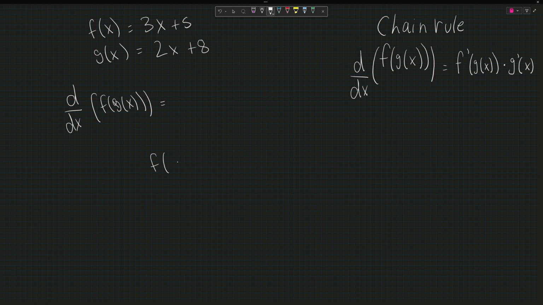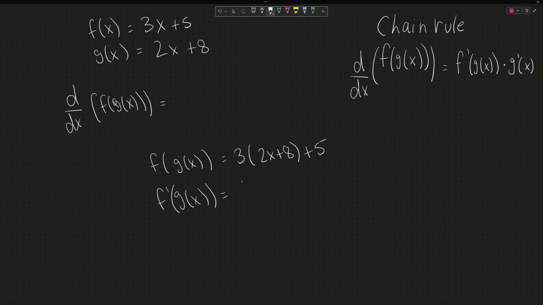F of g of x is 3 times 2x plus 8 incorporated plus 5. Okay, now f prime of g of x would just be, I need parentheses here. Let's expand this out. So 6x plus 24 plus 5. 24 plus 5 is 29, so 6x plus 29.